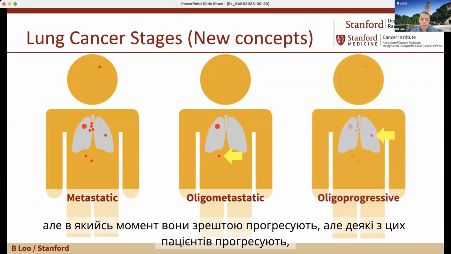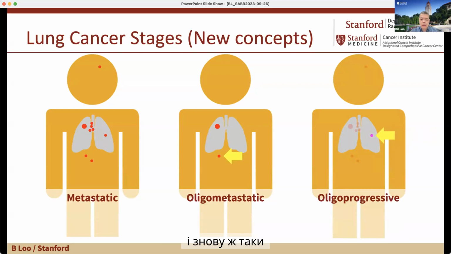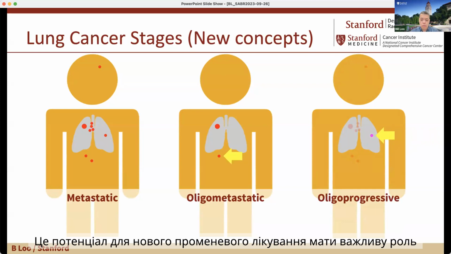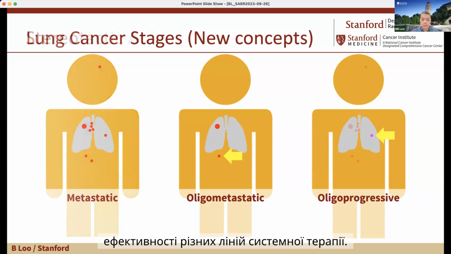But some of these patients progress in only a limited number of areas. We refer to this as oligoprogressive. And again, this is a potential for newer radiation treatments to have an important role in improving the overall treatment and increasing the effectiveness of different lines of systemic therapy.